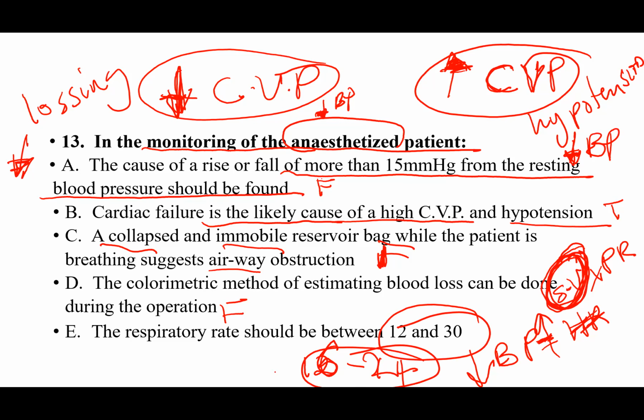So what is the problem if you have less than 12? What will it lead to? Patient is not breathing well. It can lead to hypoxia. Is it hypoxia or hypercapnia? If the patient is not breathing well, the carbon dioxide will accumulate. And it's what type of acidosis?